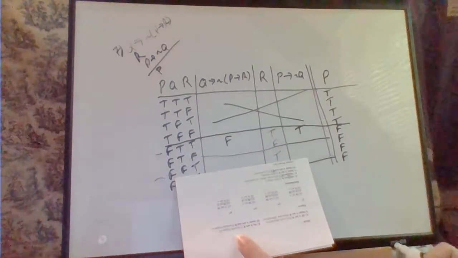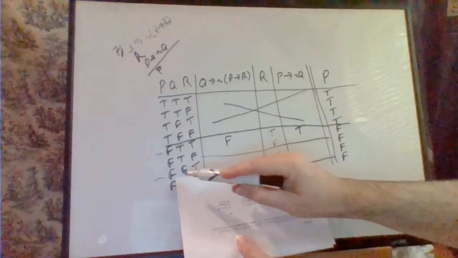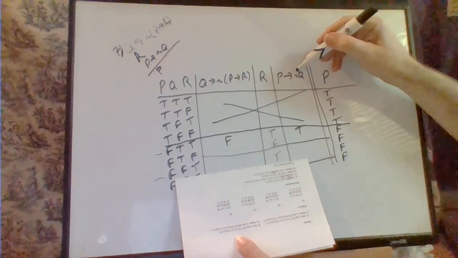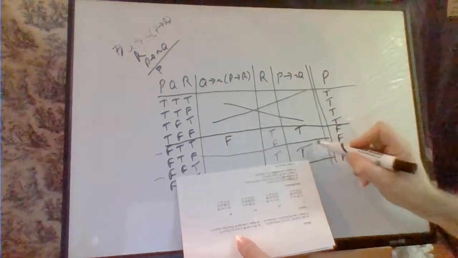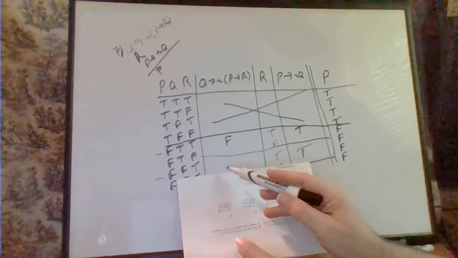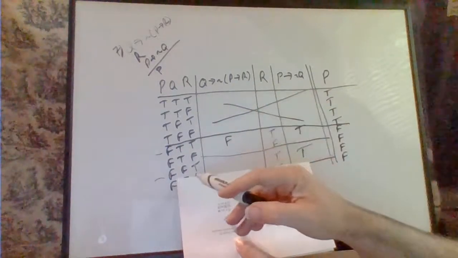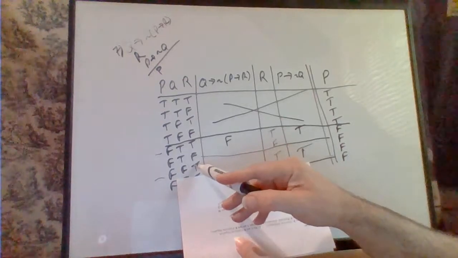So let's take a look at line 7. If P then not Q, so P is false, Q is false. Q is false, negated, it becomes true. False, true with the arrow is true. So again, we've got two true premises leading to a false conclusion. So let's see about the first one here. If Q then not P then R. So Q is false, P is false, R is true.